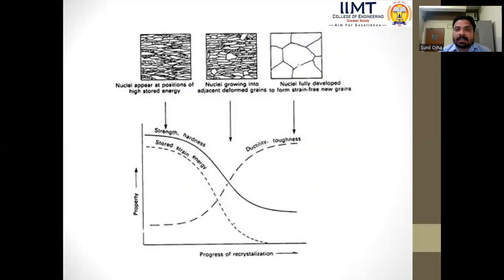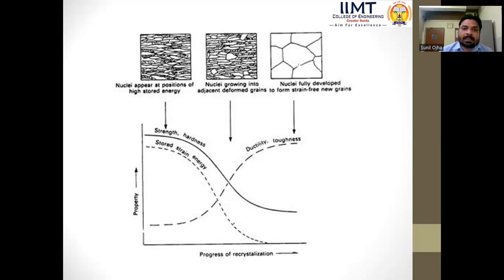As you can see in the diagram, there is a graph of the property changes and progress of recrystallization. Strength and hardness reduce as recrystallization progresses, and ductility and toughness increase by this process, achieved through a different microstructure of the material.